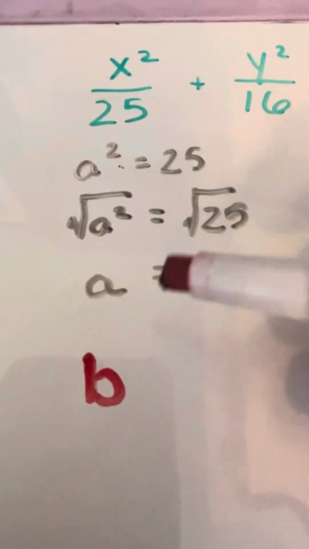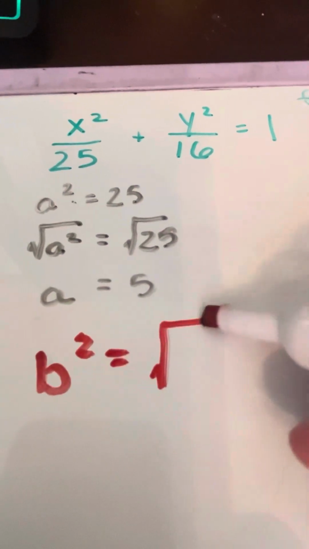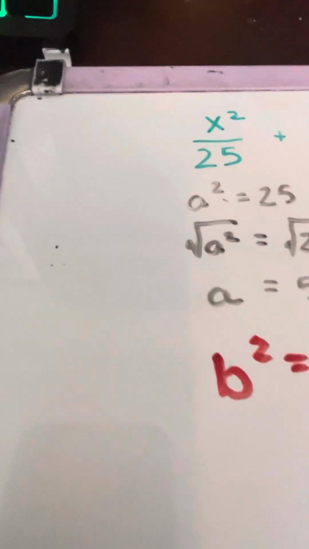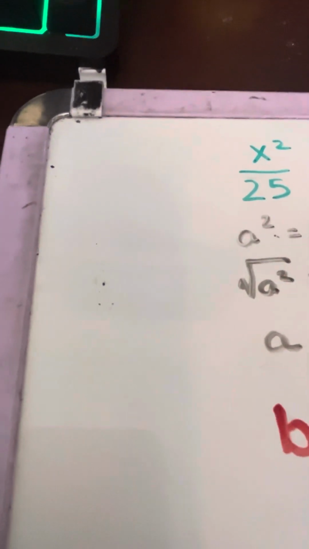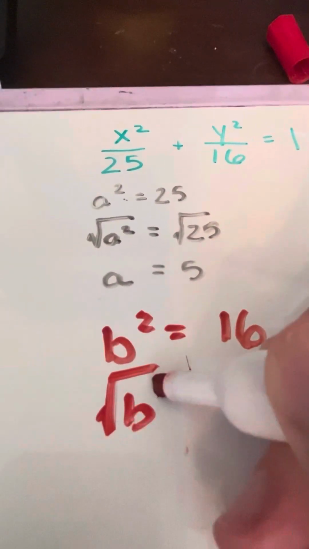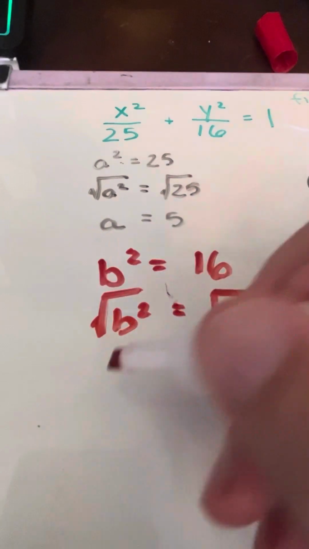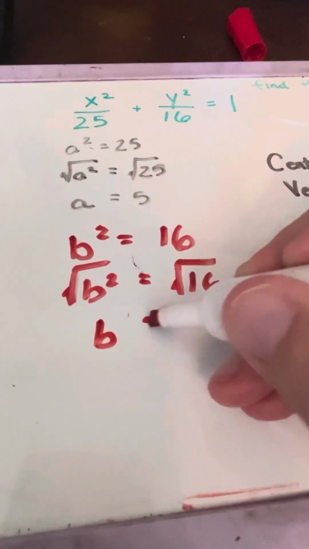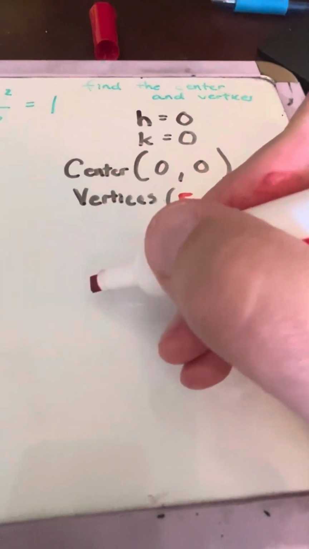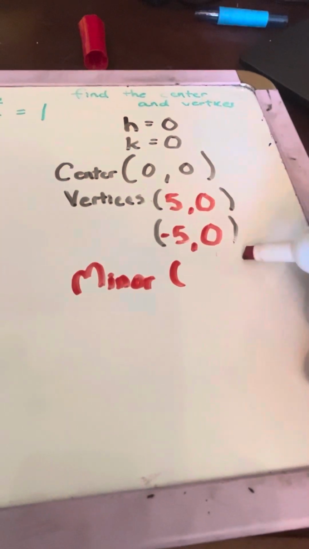So b squared equals 16. We're going to take the square root of both of these in the next step, and then we're going to be left with b equals 4.